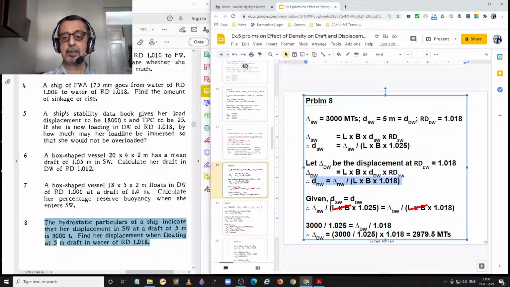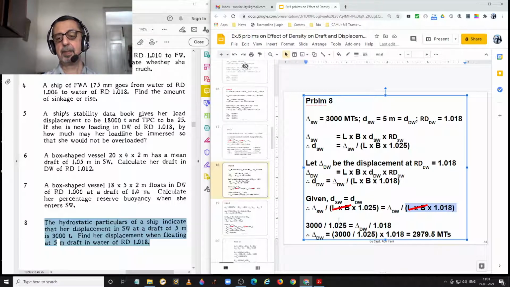So given that the drafts are equal, we equate this with this, and we find displacement in salt water divided by length into breadth into 1.025 equal to displacement in dock water divided by length into breadth into 1.018.